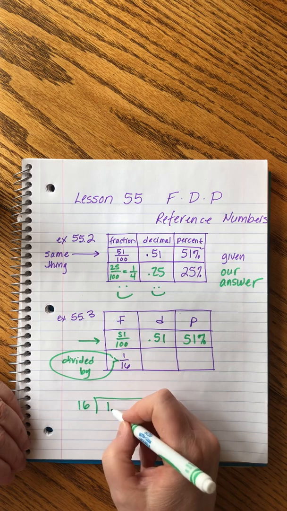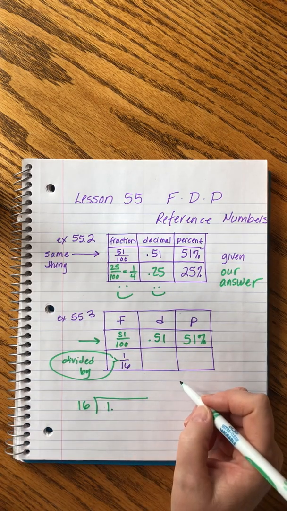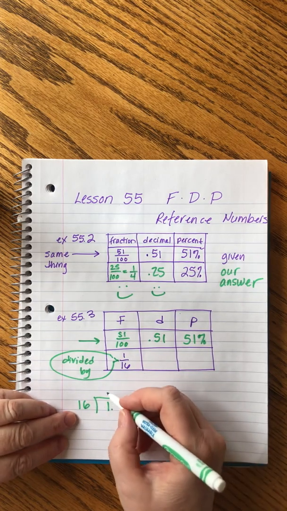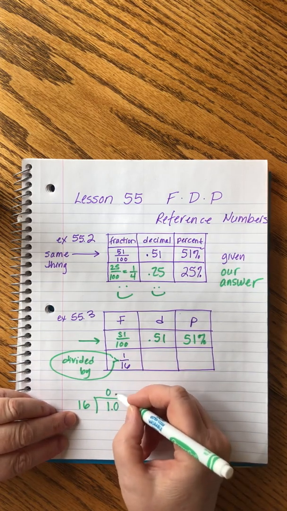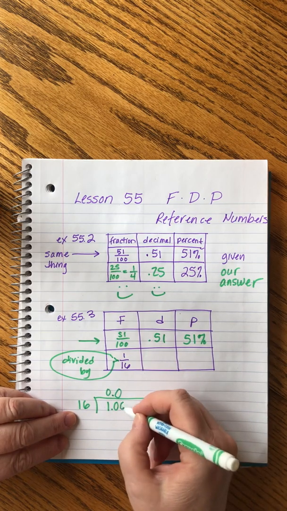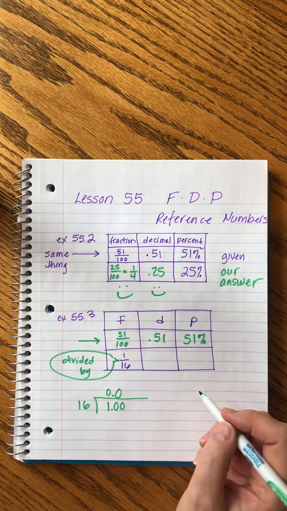Oh boy. And let's see. I'm trying to think how many decimal places. Let's just go and see what happens. Okay, 16 into 1 doesn't work. 16 into 10. Oh, I have to put my decimal straight up, right? 16 into 10 doesn't work. 16 into 100.